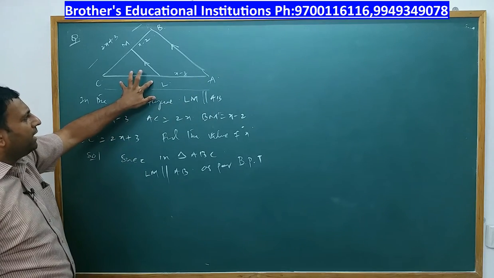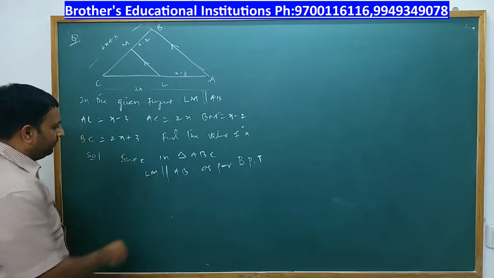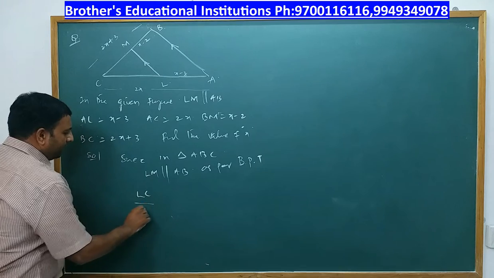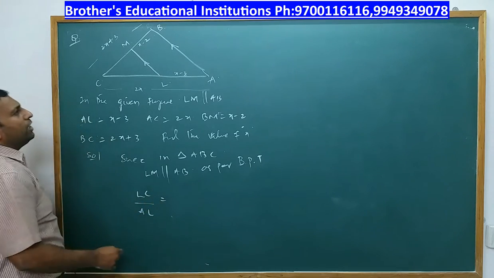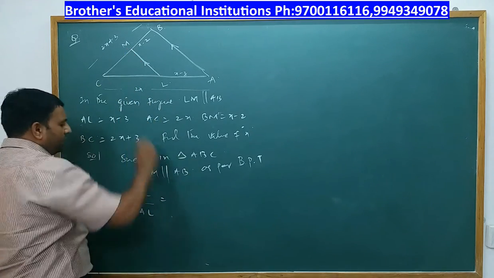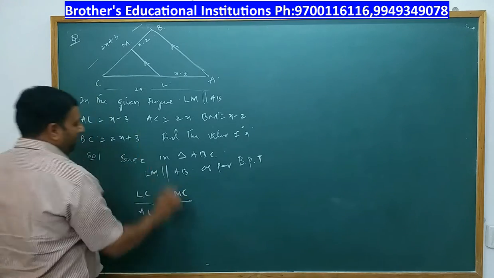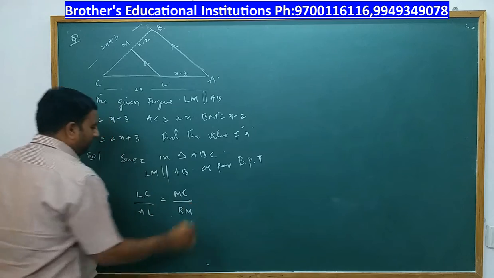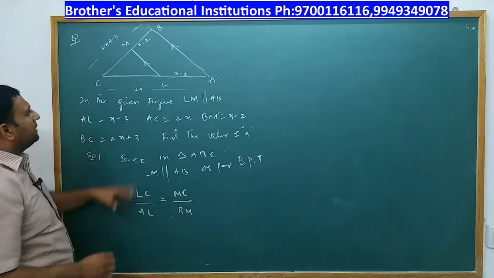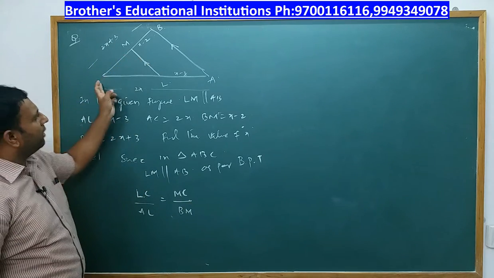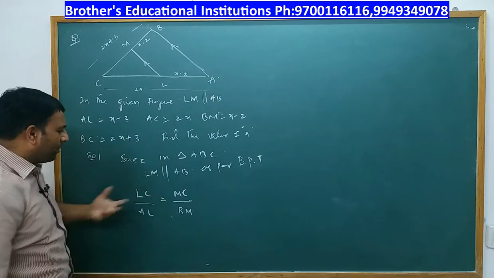So I can write LC by AL is equal to MC by BM. But sir, the LC value is not given to you. You are provided with the total value. So what am I going to do?